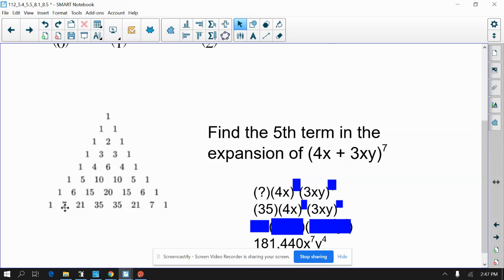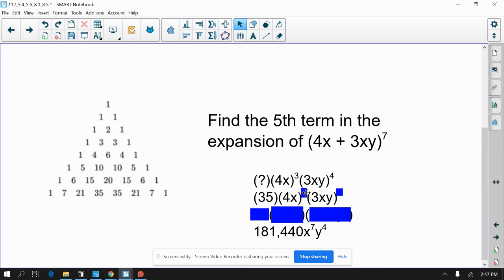This then would become 4x to the 6th, 4x to the 5th, 4x to the 4th, 4x to the 3rd. So 4x is being raised to the 3rd. The second term, 3xy, begins with 3xy to the 0, and then it becomes 3xy to the 1st, 3xy to the 2nd, to the 3rd, to the 4th. And these two exponents, 3 and 4, will always add to the exponent in the original problem.